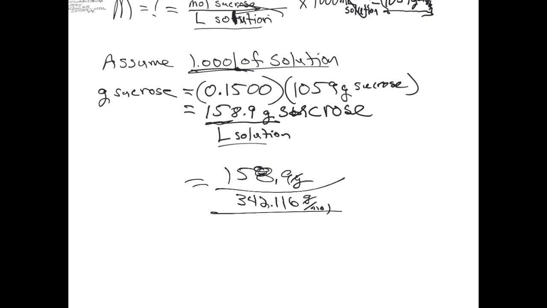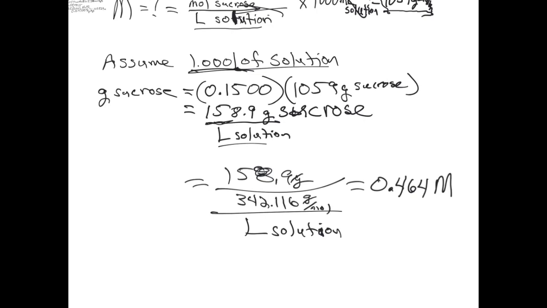Grams cancel out, moles flips up on top, per liter of solution. And now if I do all this math, I can tell you what the molarity is. 0.464 molar, or moles per liter of solution.